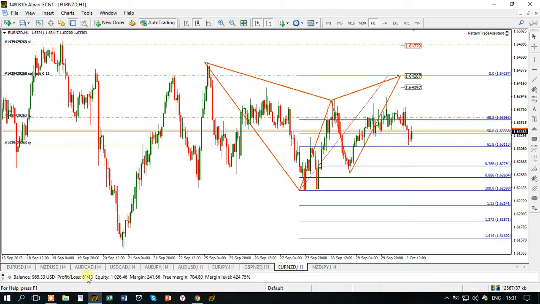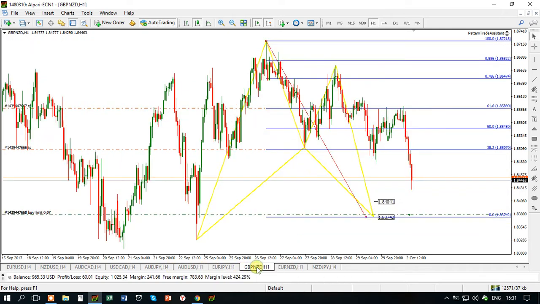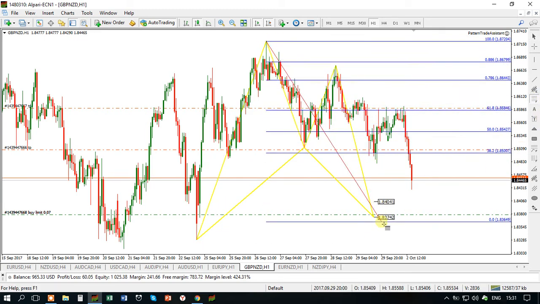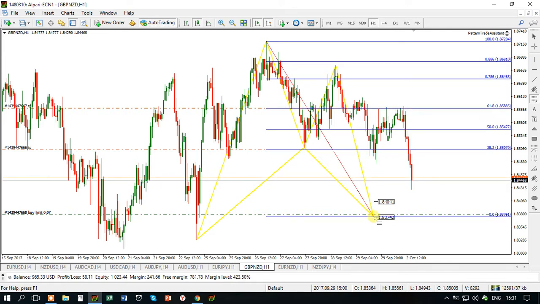Pound New Zealand, and it was drawn this way, C to X, and now we have price to enter, and here's the Fibonacci. 382 and 618 are the targets, initial targets.